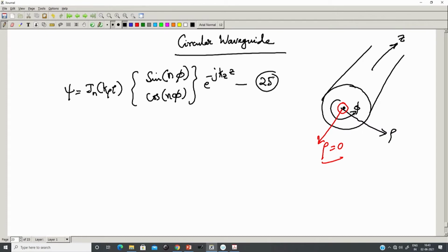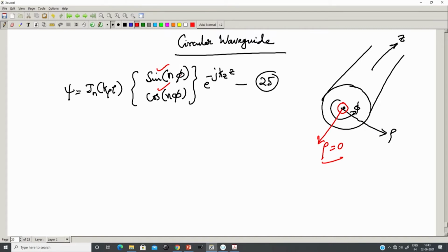So, either sin n phi or cos n phi may be chosen. So, we have a mode degeneracy, that means two kinds of field distribution corresponding to the single eigen number n. The two distributions are equally possible solutions given by the Helmholtz equation corresponding to a particular value of n.